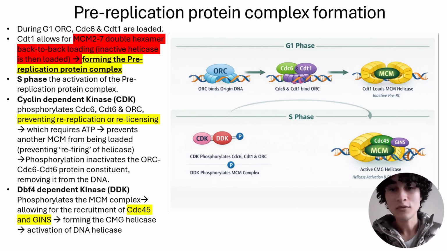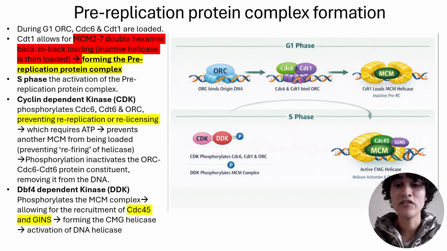Now, as I said before, that binding of the pre-replication protein complex isn't necessarily breaking those hydrogen bonds. So in the G1 phase, you can have that pre-replication protein complex assembled and bound to your DNA double helix, but it's important to remember that helical structure is still retained.